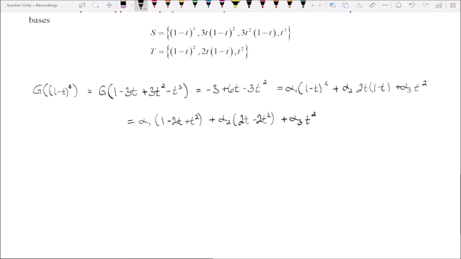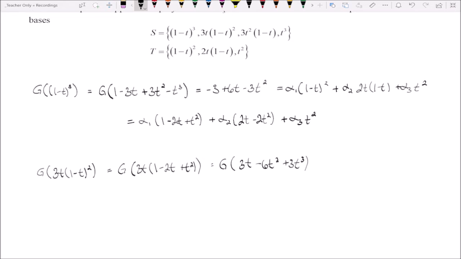Right, so now we want to find g of 3t times 1 minus t squared. Right, so that is the same as g of 3t minus 6t squared plus 3t cubed. That will be 3 minus 12t plus 9t squared.